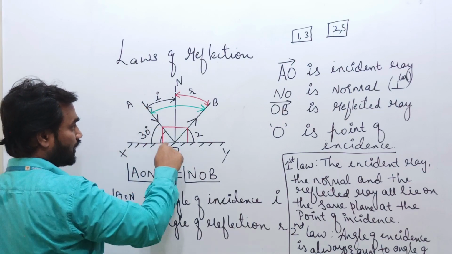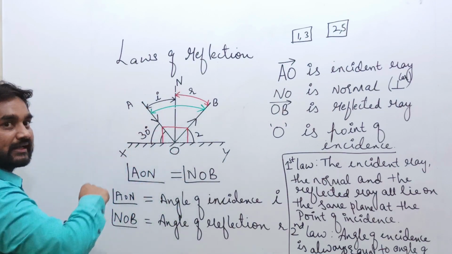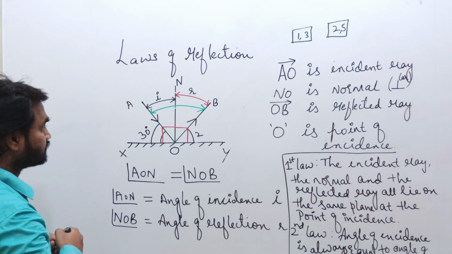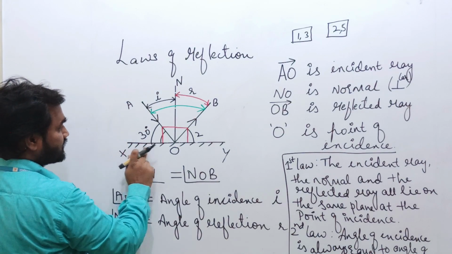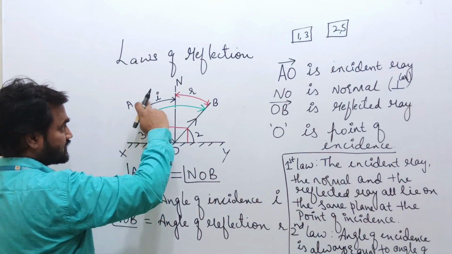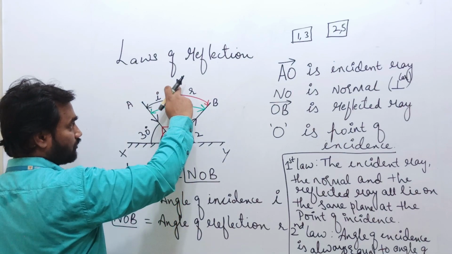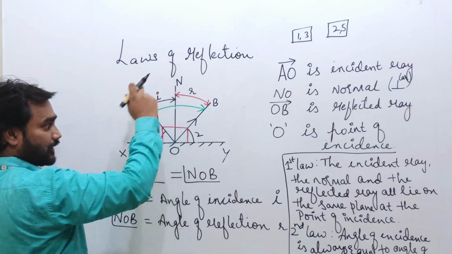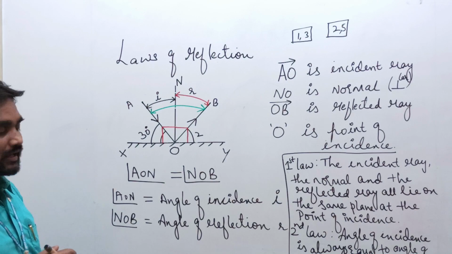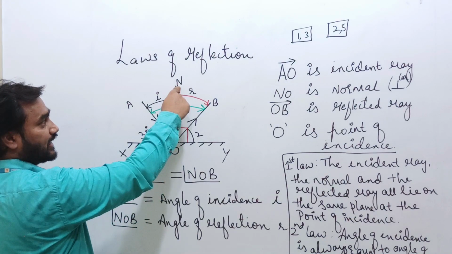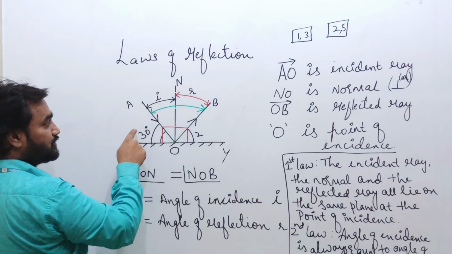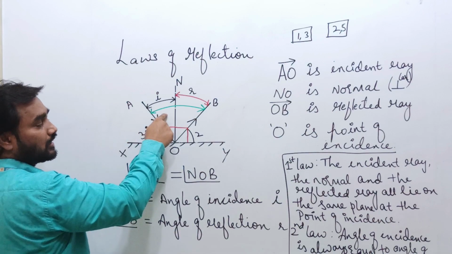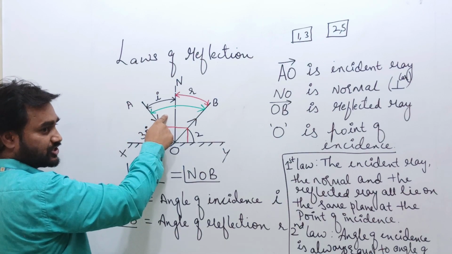XOA and AON will make 90 degrees, right? Yes or no? So XOA plus AON is angle XON, which is 90 degrees. So 90 minus 30 will be the angle of incidence, that is 60 degrees.